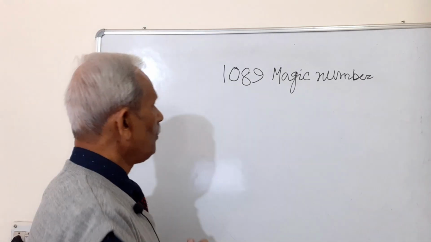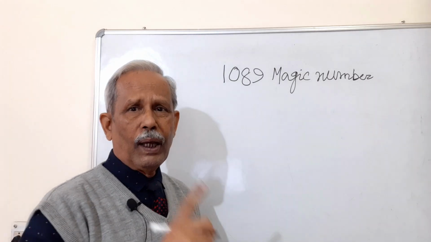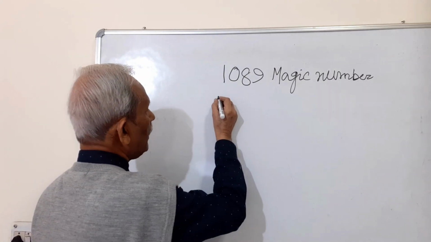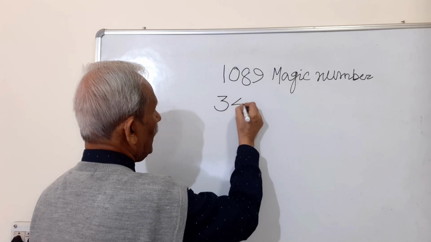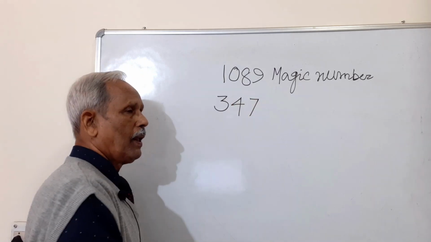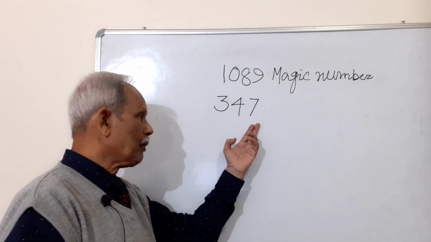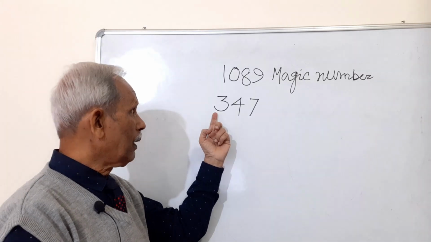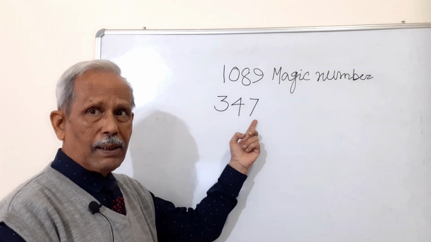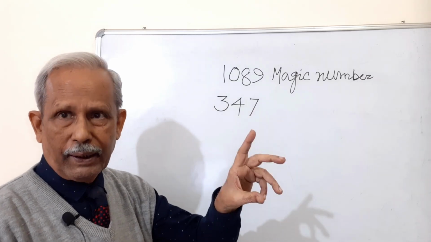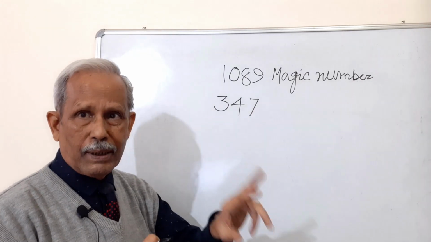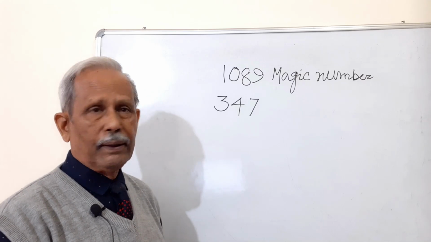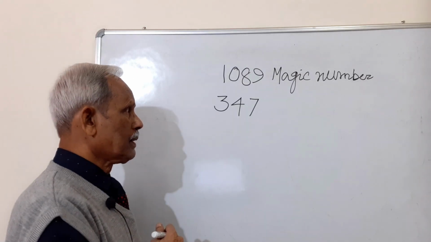The first thing will be to choose any three-digit number. For example, I take 347. All digits should not be the same, and the first and the last digit should be different. Now let us start the process.